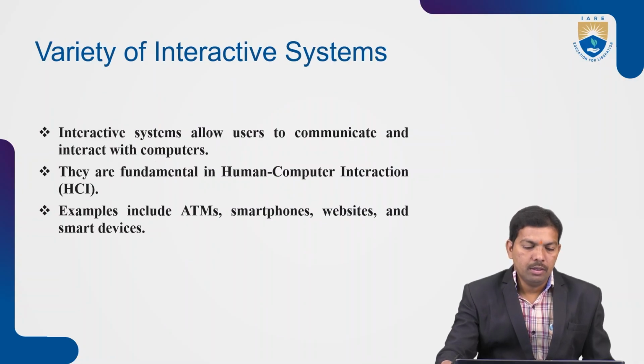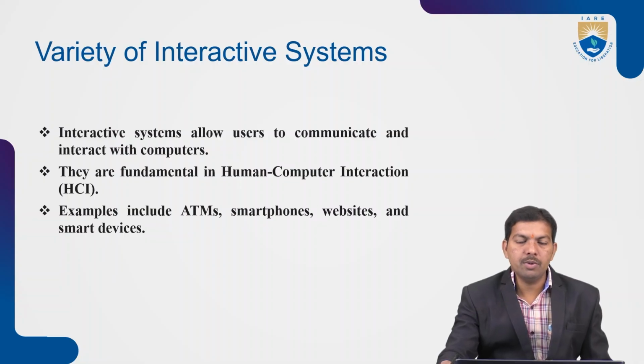First of all, what are the variety of interactive systems available in human-computer interaction? Interactive systems allow users to communicate and interact with computers, and they are fundamental in human-computer interaction. Examples include ATMs, smartphones, websites, and smart devices.